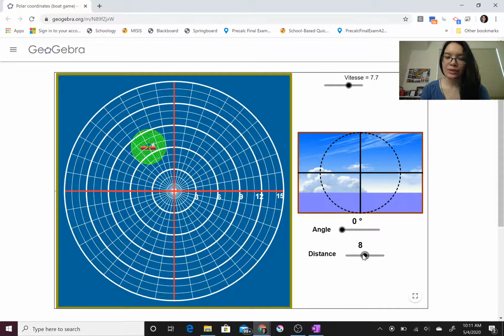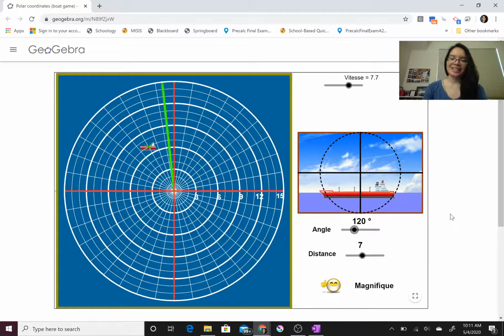So 7 units away from the origin. And then the angle at which it's located seems to be a little past 90 degrees. I'm going to say that it's at 120 degrees. So I'm searching along from my telescope, and at 120 degrees, that's where the boat is located.